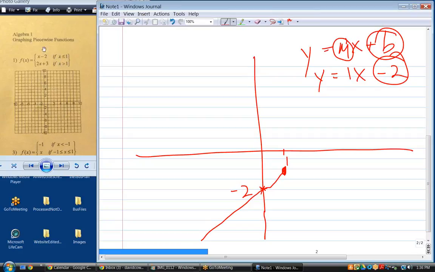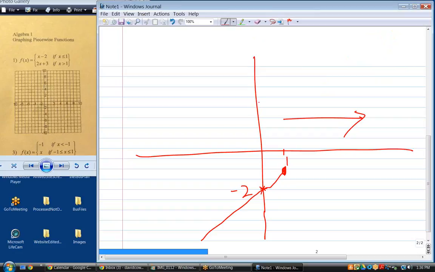Okay. Now, the second part says, well, when x is greater than 1, which is everywhere in that direction, I'm going to graph a different line. I'm going to graph the line 2x plus 3. Well, where does that start? That's 3. Okay. So I go up to 3. And it starts right there, and it starts with an open circle because it's greater than 1, not greater than or equal to 1.